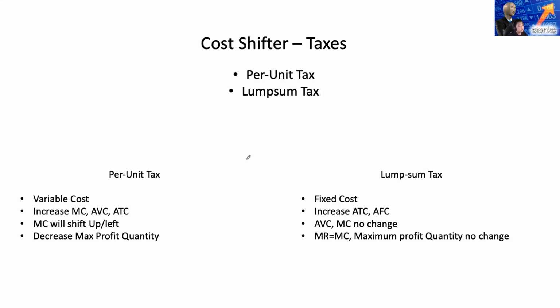It's considered a variable cost since it increases with the amount you produce, and it increases the marginal cost, average variable cost, and average total cost. But it does not affect fixed cost whatsoever, because fixed costs do not change, but this tax changes if you produce more units. So it's part of the variable cost.